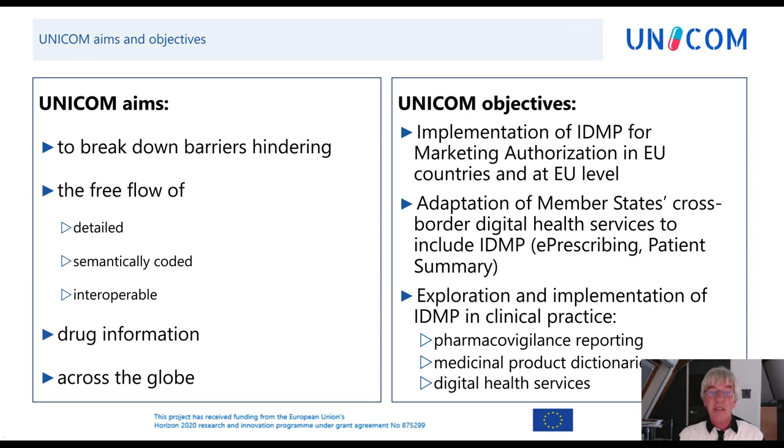Just looking at some of the aims and objectives. Basically, it is about having the information that's needed to provide safe medication across the globe, to have that flow around in a way that's coded, that's detailed, and that's interoperable. So we understand what it means.